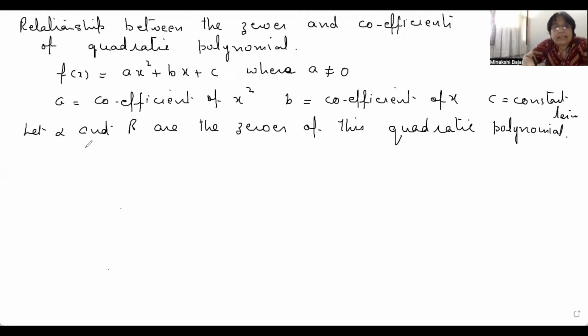Now in 9th class, what you have learned? If alpha is a zero of this quadratic polynomial, then x minus alpha is a factor of this polynomial. Similarly, if beta is a zero of this polynomial, then x minus beta is a factor. It means x minus alpha and x minus beta are the factors of this polynomial.